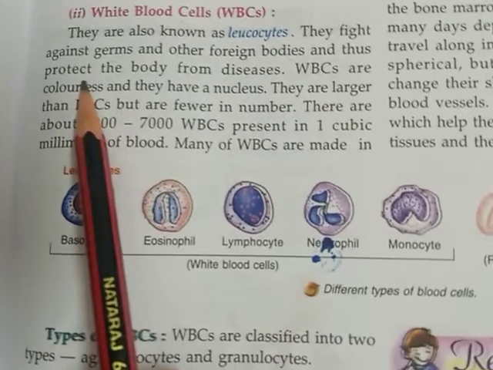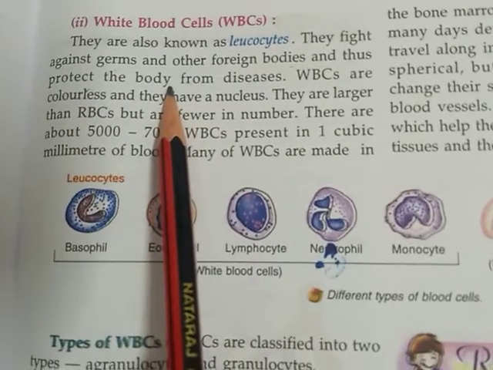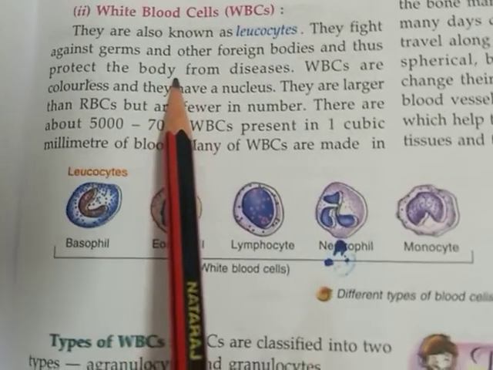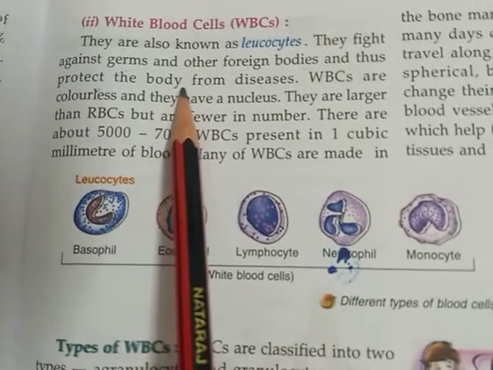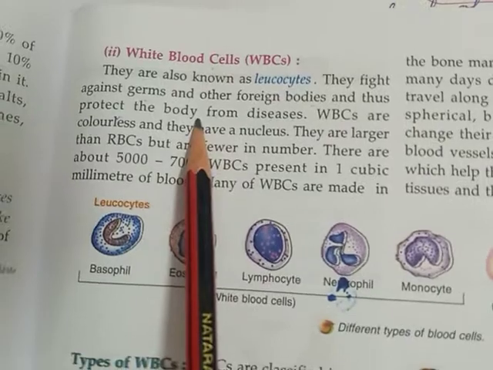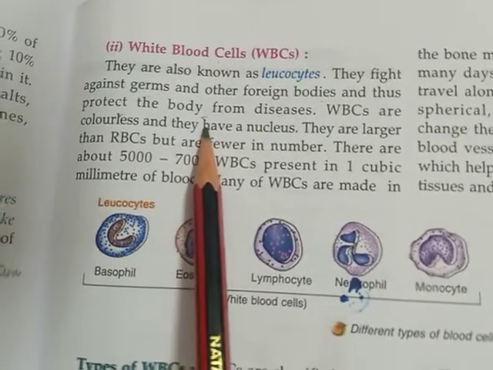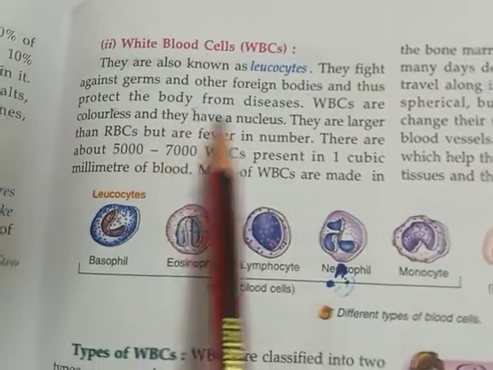They fight against them and protect your body against the diseases. Or we can call them the soldiers of our body. As the soldiers protect our country from invasions, in the same way these white blood cells act as soldiers and protect our body from many diseases.